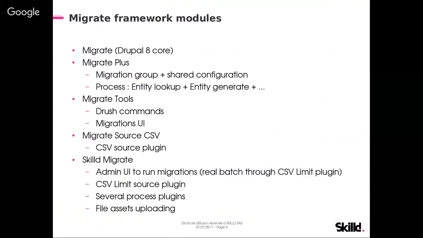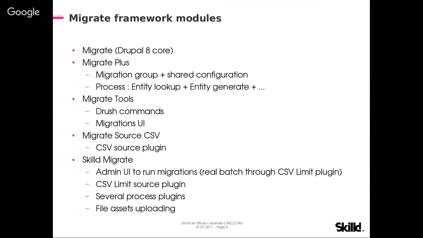We will be using Migrate framework modules. There are several modules, some of them really useful, some of them not yet useful. We will be using the Migrate module from Drupal 8 core. Then we will be using the Migrate Plus module, which extends the migration group to be an entity and provides some shared configuration.